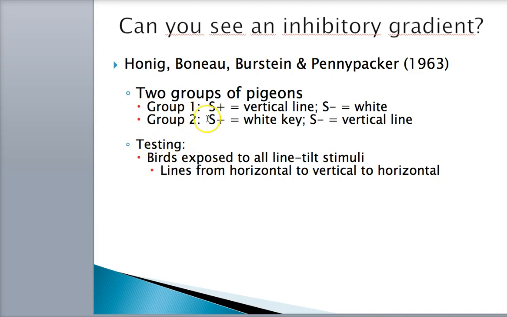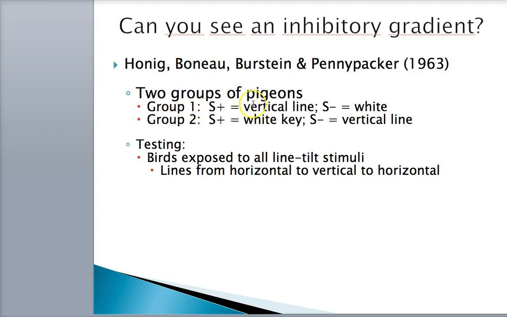Both groups are going to see a white key light with a vertical line on it. Now, for group one, the S plus is the vertical line, and when the vertical line is absent, it's the S minus. So just the white key light by itself is the S minus, but the white key light with a vertical black line is the S plus.